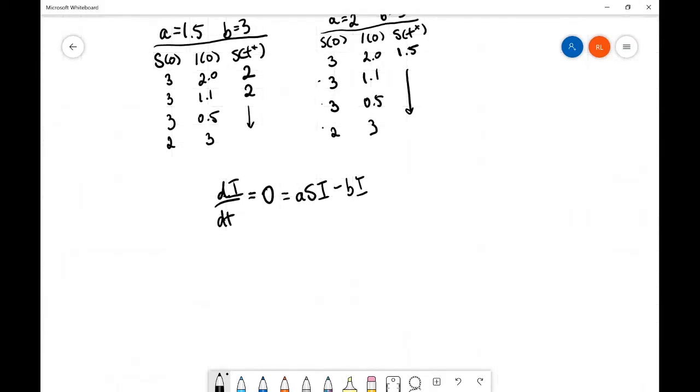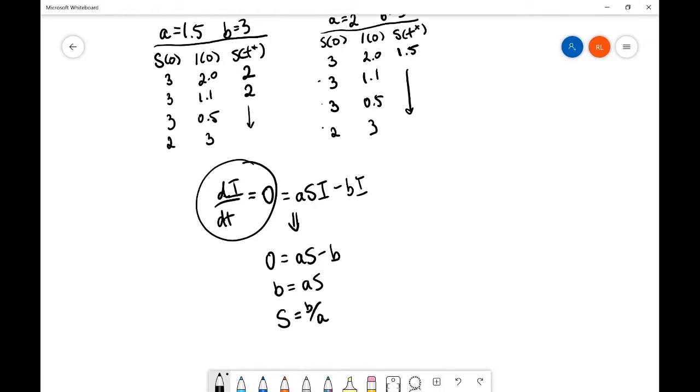Dividing both sides by I, we get that 0 is equal to aS minus b, so b is equal to aS. Therefore, at the time when dI/dt is equal to 0, we get that S is equal to b over a. So this also gives us some mathematical proof for this fact that we have just shown.